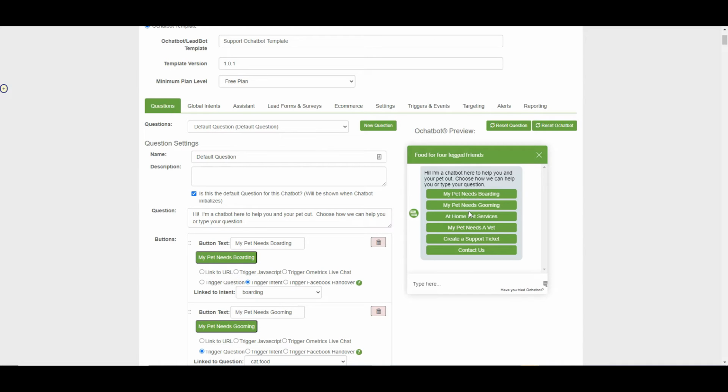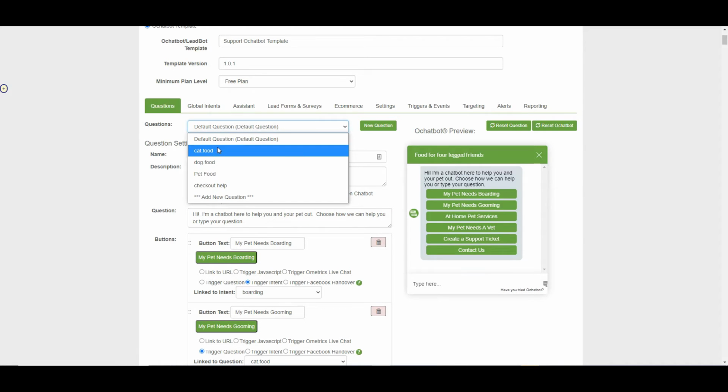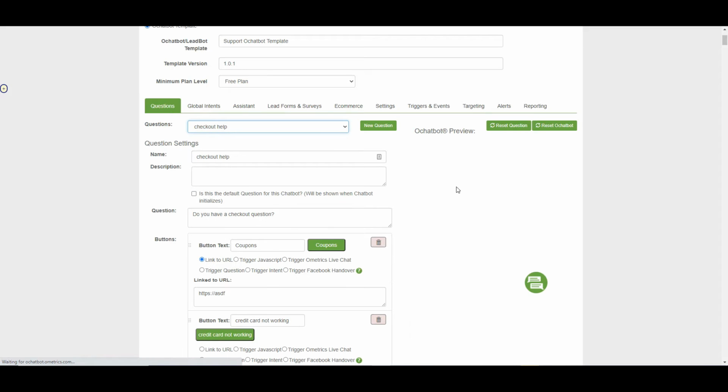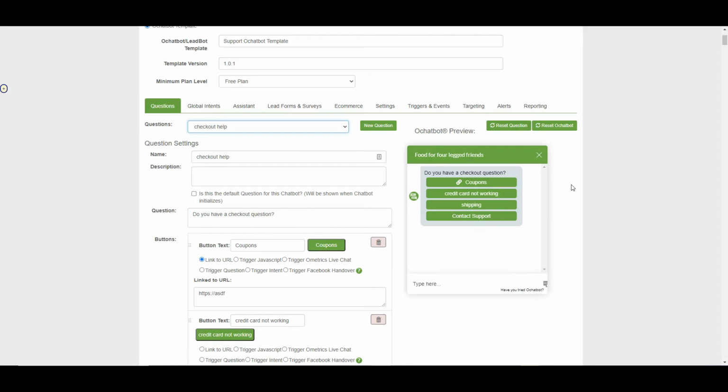They already figured out what product they want. We want to give them the question about checkout help. Showing here, it asks about, have you had problems with coupons, credit card not working, shipping, contact support, etc. So these are more appropriate for cart and shipping and checkout than on the home page or a product page.